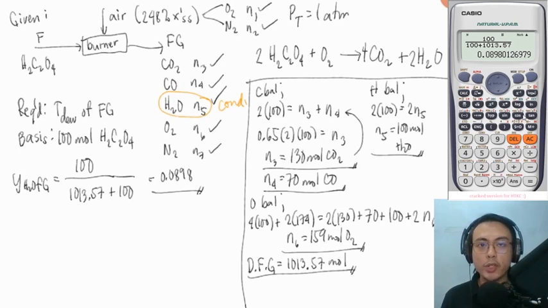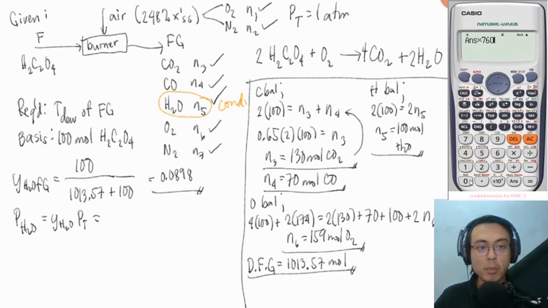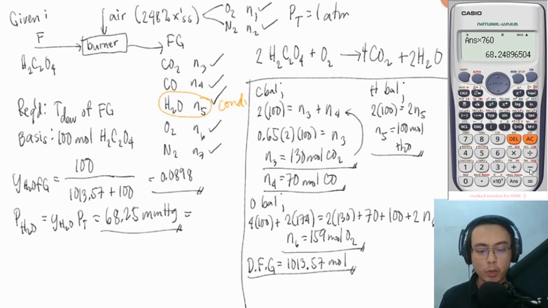We use the Antoine equation, but for the Antoine equation, we need the partial pressure, okay? So the partial pressure of water in this case would simply be the mole fraction of water times the total pressure, which is 0.0898 times 1 atmosphere. So I'm going to multiply this by 760 millimeters mercury so that it would already be in mmHg. That is 68.25 mmHg. Since we are solving for the dew point temperature, that's a condition of equilibrium. So this is also the vapor pressure of water at the dew point.